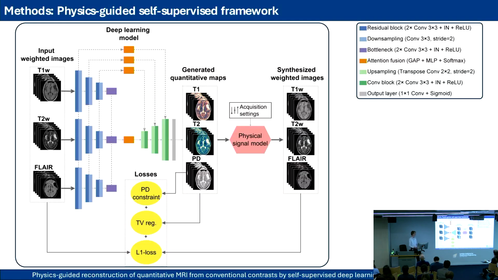This way you teach the model to generate these T1, T2, and proton density maps. Furthermore, we add some additional regularization, so for example, total variation regularization, and also a soft lower bound on the proton density map to narrow the solution space a little bit and make the problem easier to solve.